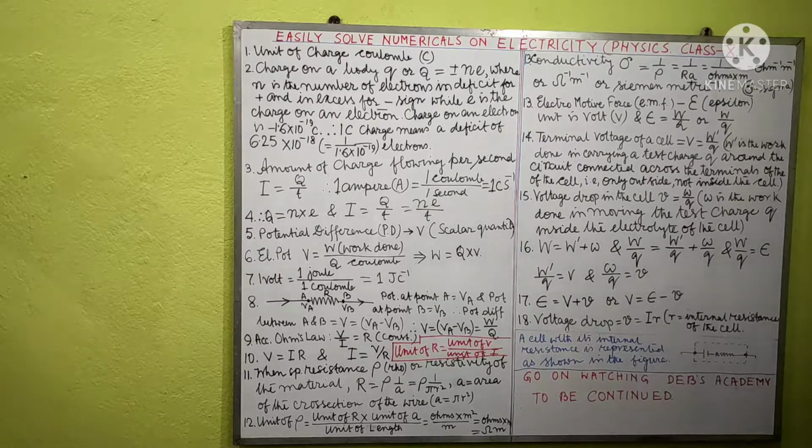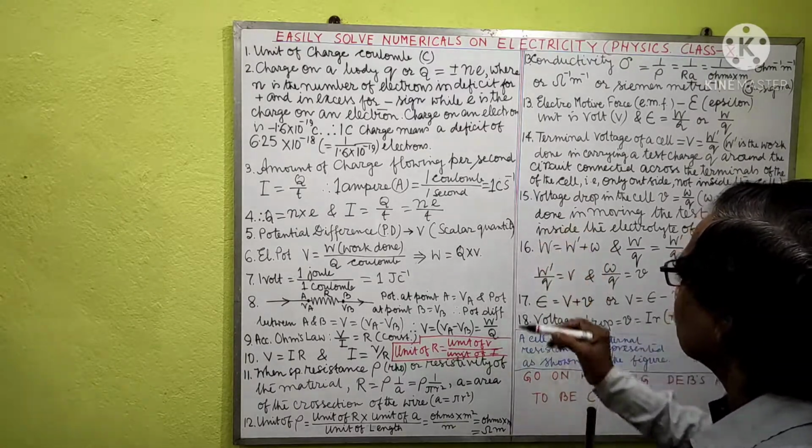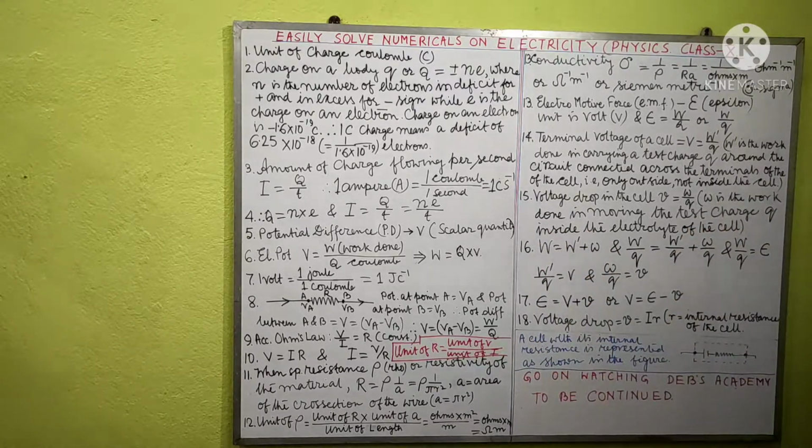And voltage drop in the cell, small v, this is small v equal to small w by Q, where small w is the work done in moving the test charge Q inside the electrolyte of the cell. Next, capital W, that is work done, W equal to W dash plus small w.